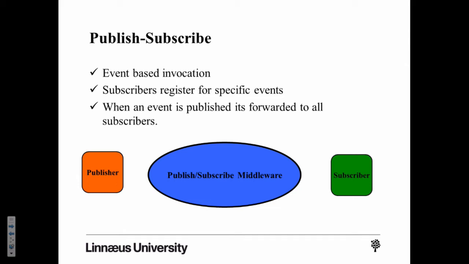because when you subscribe to an event, you don't really know where the publisher is. You don't know when events will occur, but there is a middleware sitting in the middle, and the publisher, when an event occurs, sends it out to the middleware, and the middleware is responsible for invoking the subscriber.